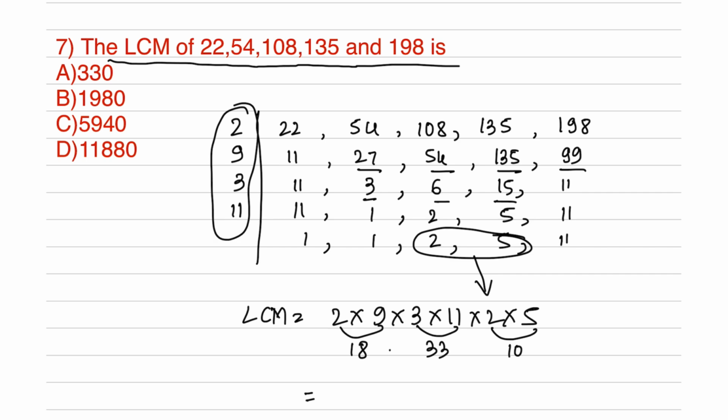See, 18 33s: 18 3s are 54, I carry 4. 18 3s are 54, 54 plus 5 is 59, and 0 will come here. Answer is 5940. Option C is the right answer. Every time, don't solve serially. Solve with logic, which will help you save time. Okay, see the next question.